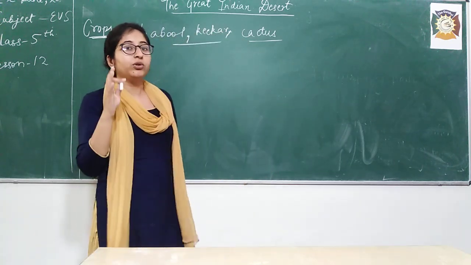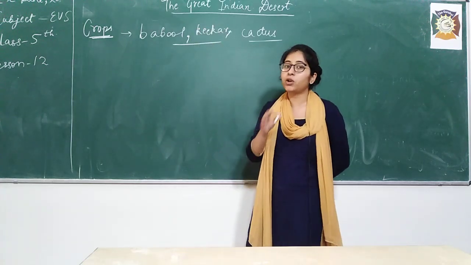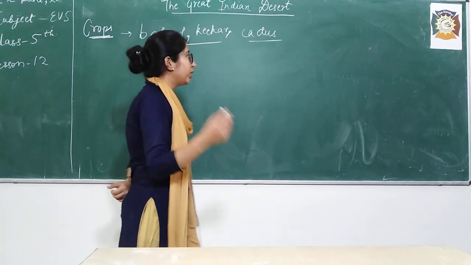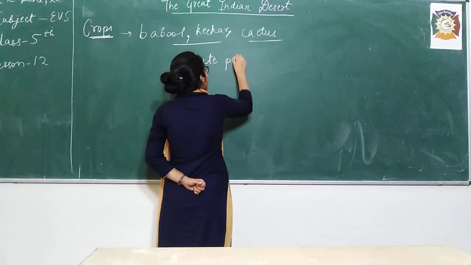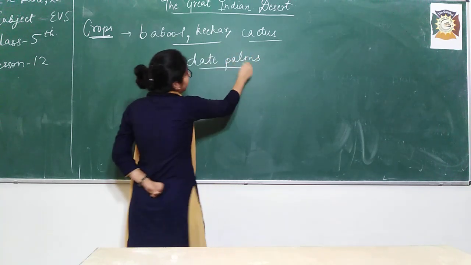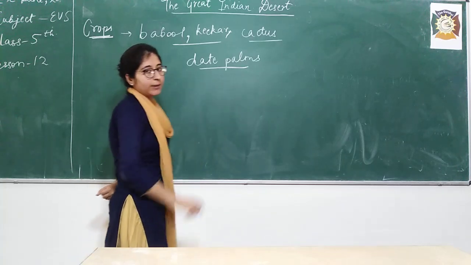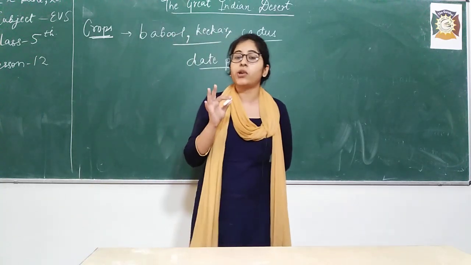And also I told you about oases, right? So near oases the soil is fertile because oases are providing water to the soil, right? So there the trees grown are date palms. These trees are grown near the oases. The people who live near oases, they grow these trees, right? So students, after this, now see, this is the interesting part.